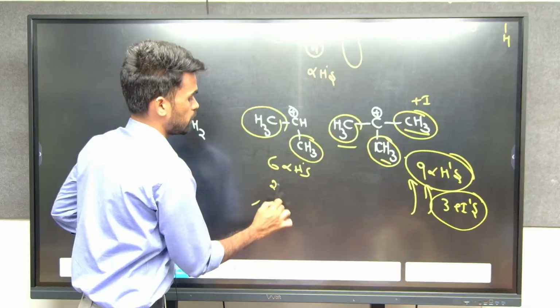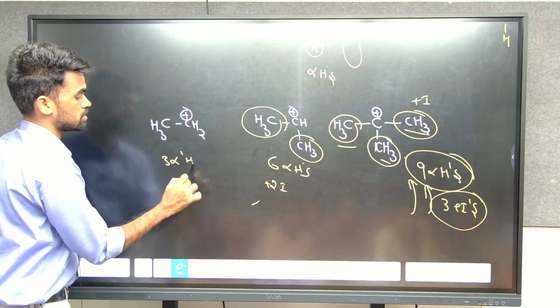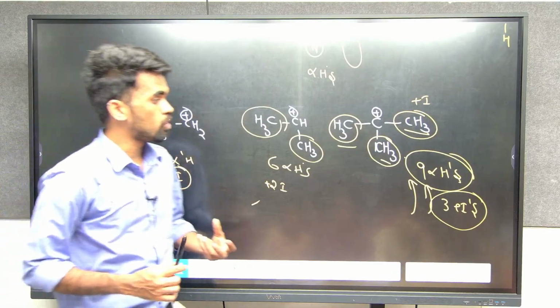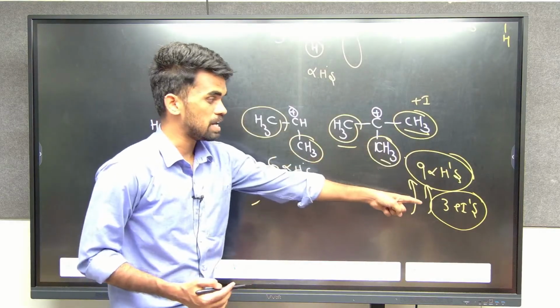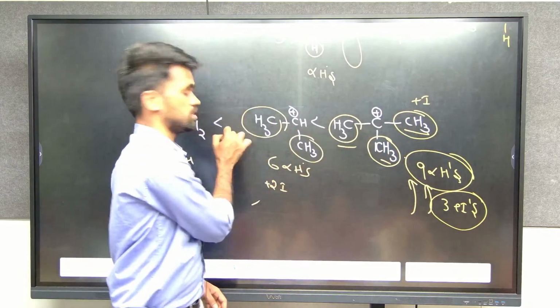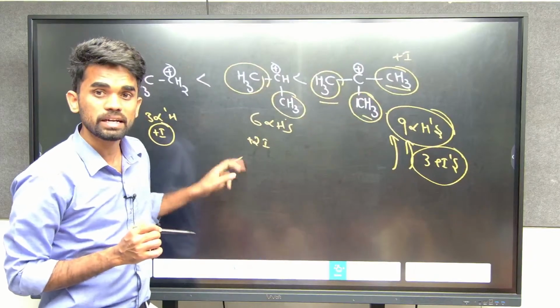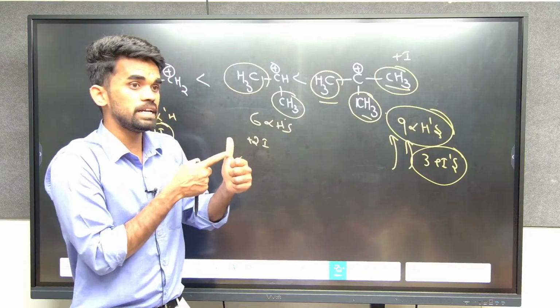Next, 2 plus I. Next, 3 alpha hydrogens. 1 plus I. So where do we have more number of releasing effects, like hyperconjugation? C. And also more plus I groups, so the carbocation is more stabilized. Okay, now what is the reason for stability of tertiary carbocation? Alpha hydrogens, like hyperconjugation, as well as inductive effect.